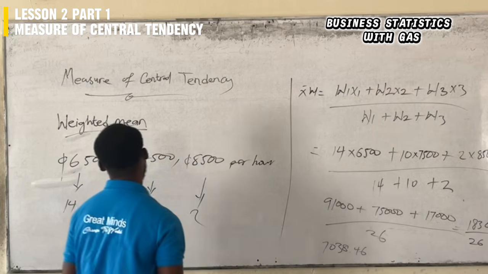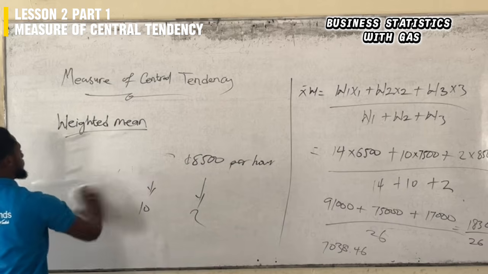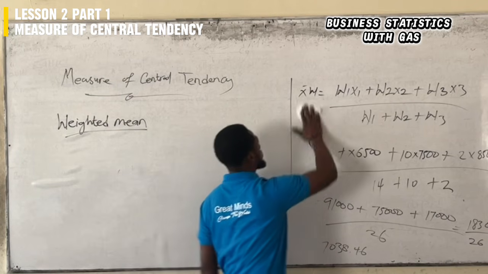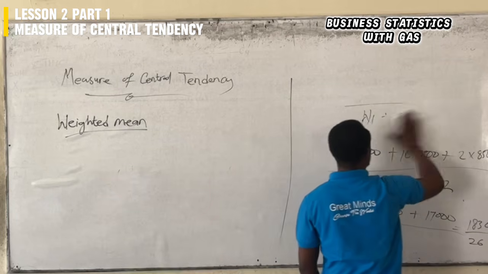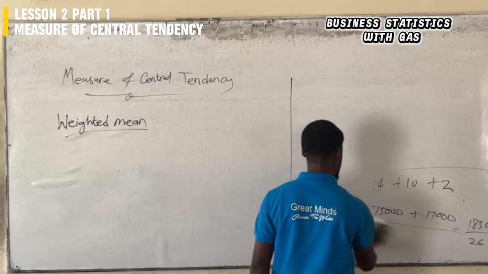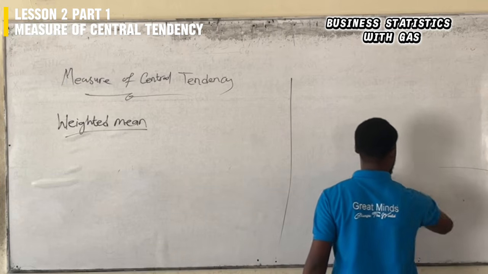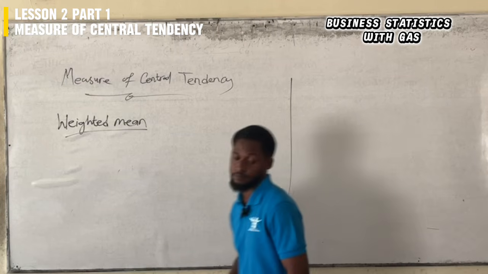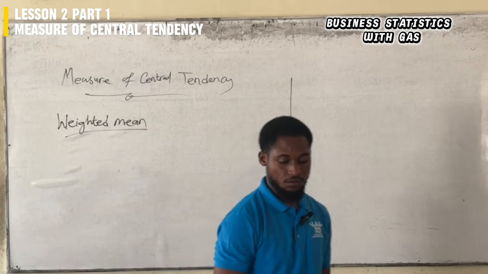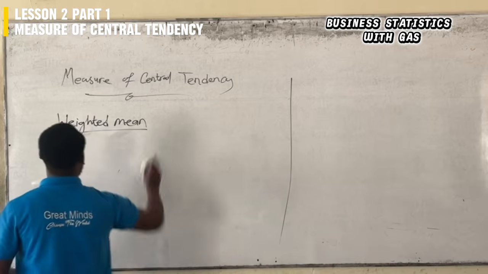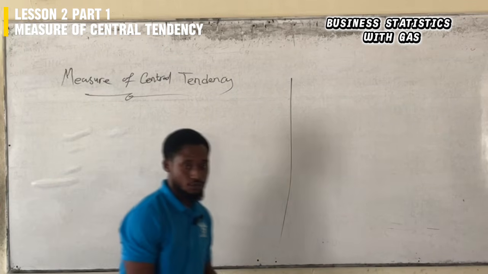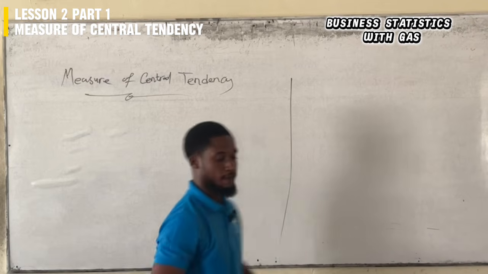So we move on to median. But before we move on to median, we would have to move on to geometric mean first.